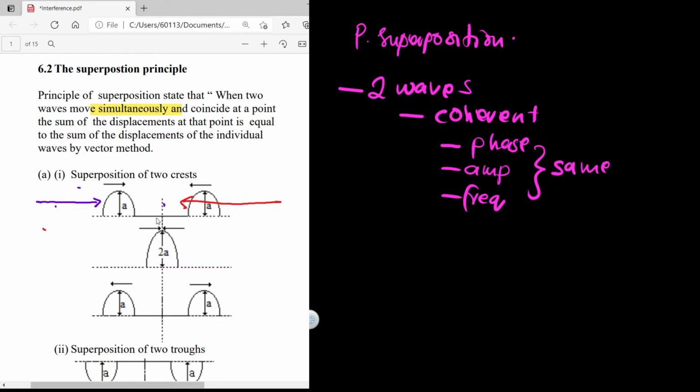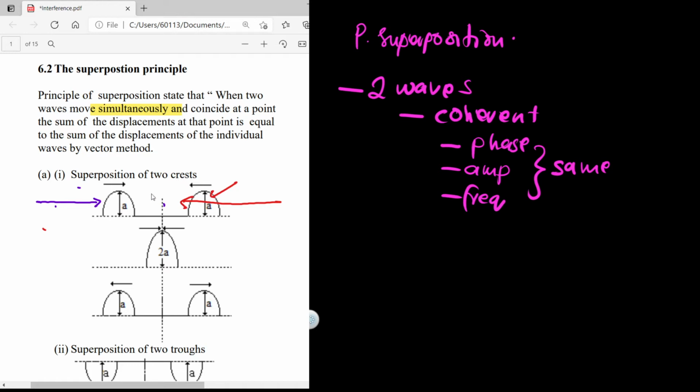At one point, they will collide, they will coincide with each other. For wave one, initially, the amplitude is equal to A. A here is just a variable. We can also use a number, 1 cm, 2 cm or other, but we use the variable A here.